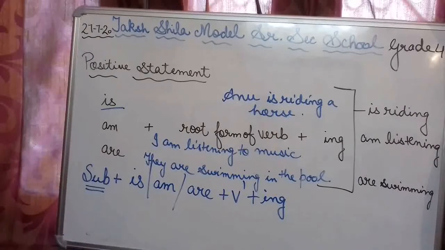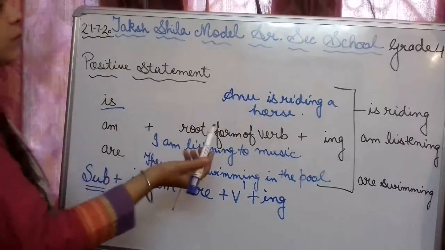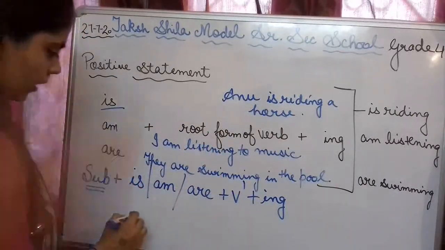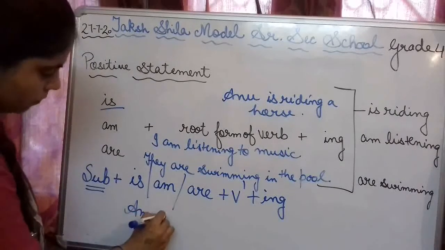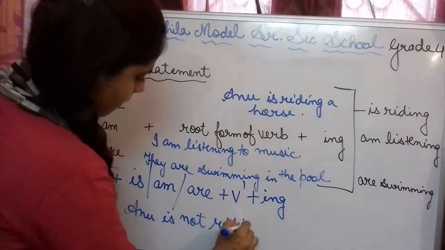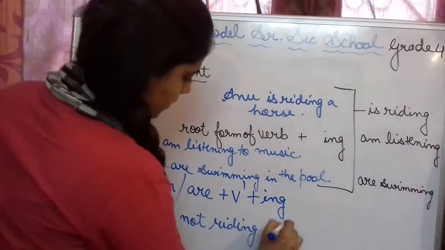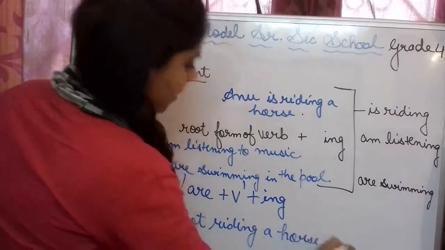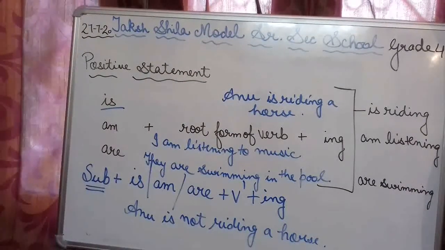Children, now if we have to make a negative statement, then we will use simple. Anu is not riding a horse. Simple, we will just add not.